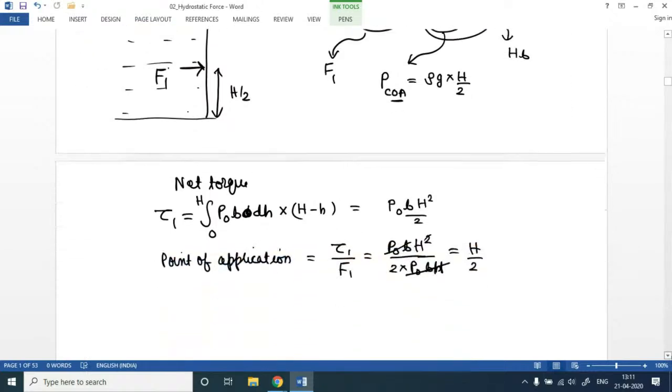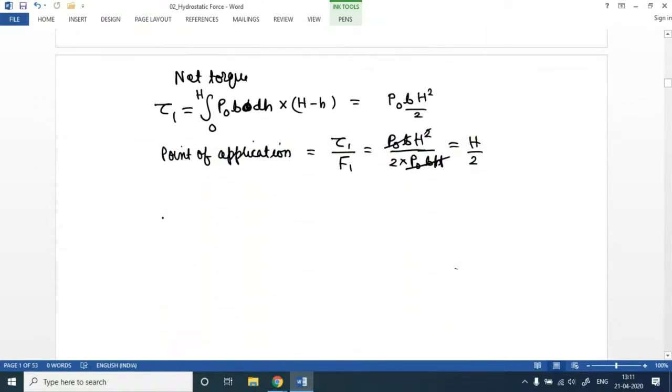Now for the second term, let's find tau 2. dF was equal to rho gh into B dH. That is the force, and the arm would be capital H minus H, and we integrate it from 0 to capital H. The result we get is rho G B into H cube by 6.